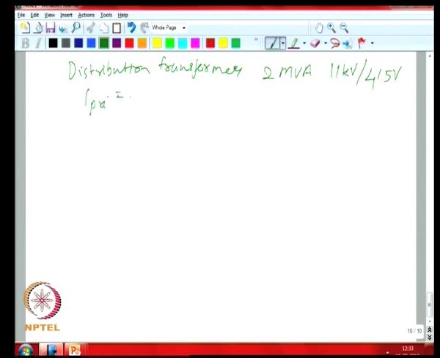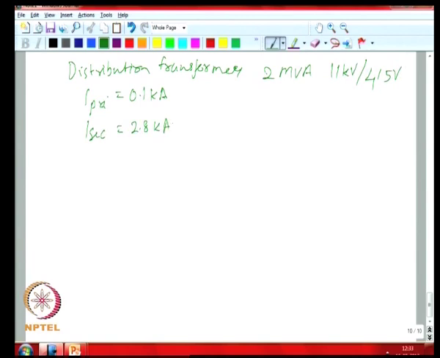Its primary current is 1 0.1 kiloamp, which we just calculated, and the secondary current can be calculated with its turns ratio. This is about 2.8 kiloamps.